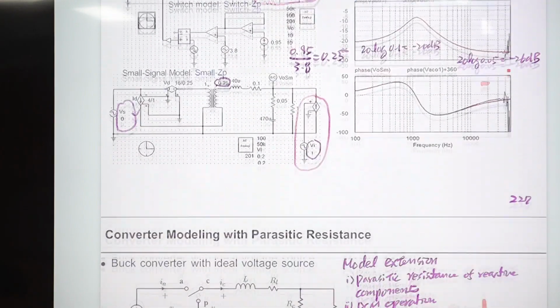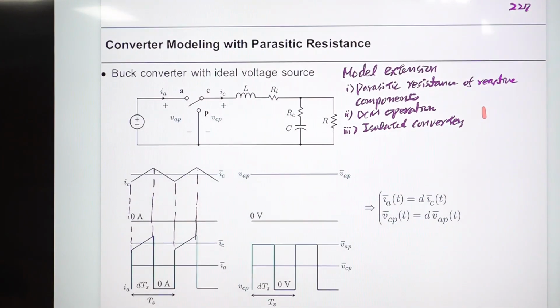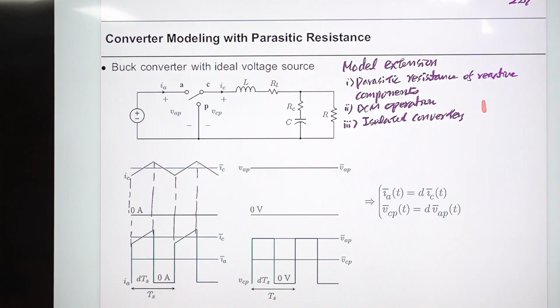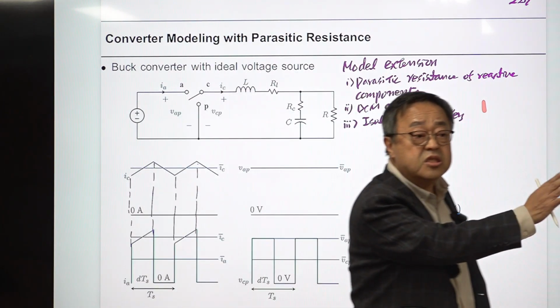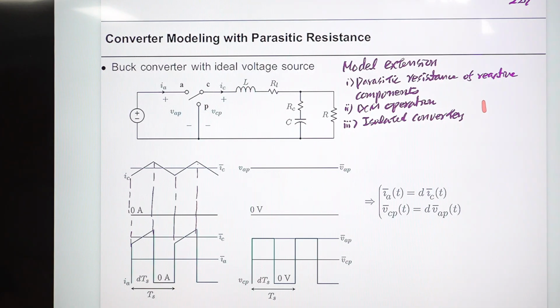But still, we have some job remaining. We want to extend this for the general cases, all right? So in my book, I wrote that this is very simple, very easy to understand, to follow, and to use as the final model. But 3 things need to be considered.